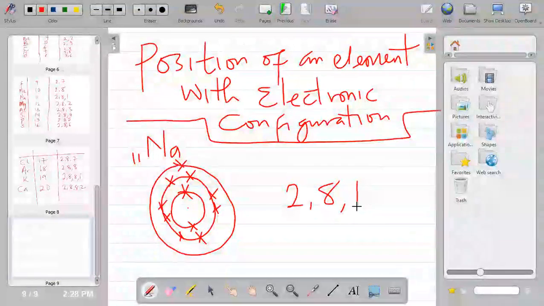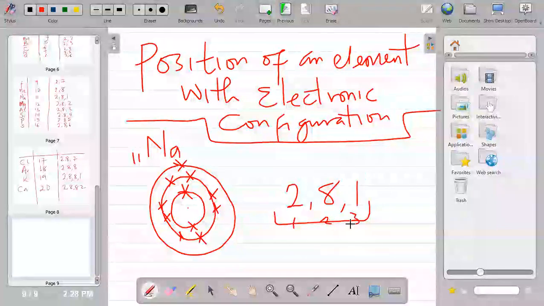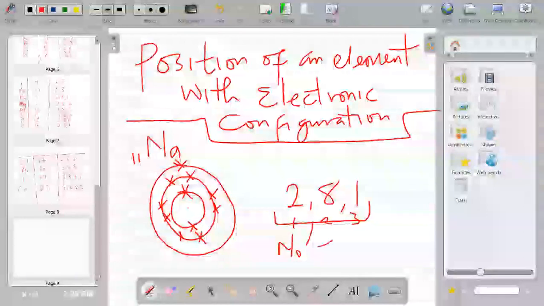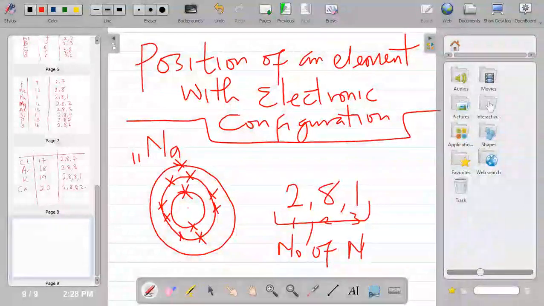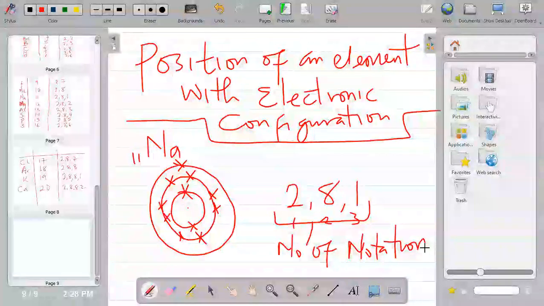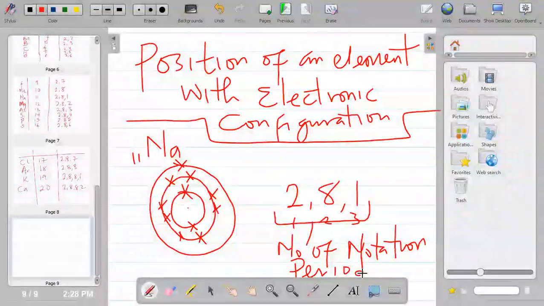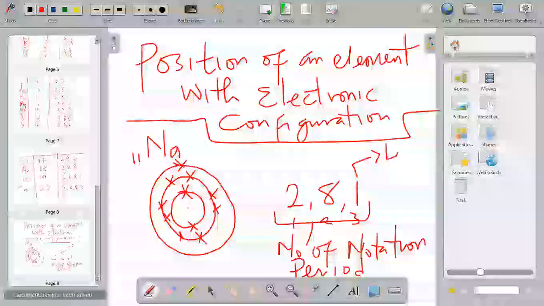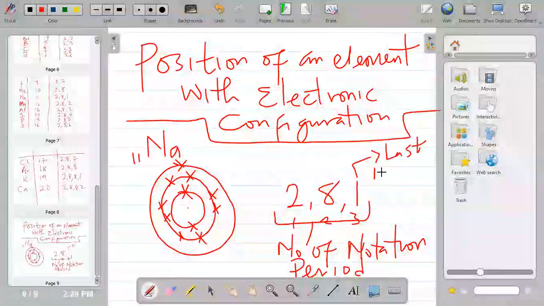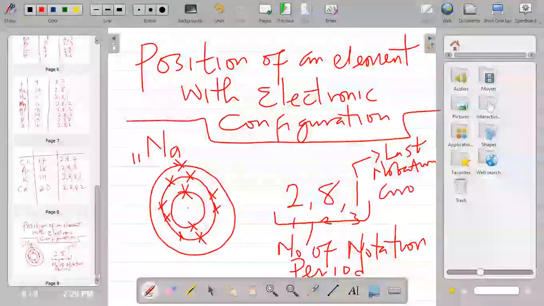Now, the number of notations here, 1, 2, 3. The number of notations gives us the period of this particular element. And the last notation here gives us the group.